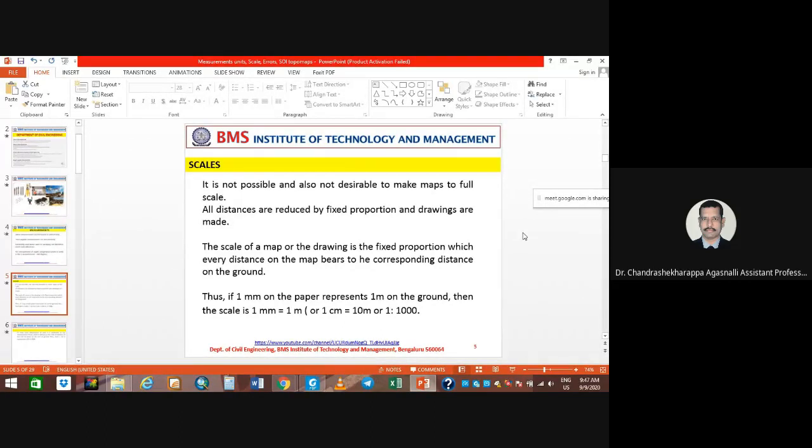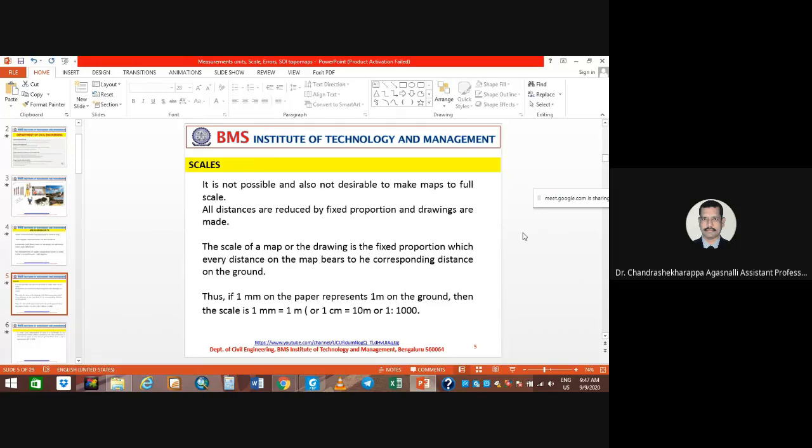So if there is a 1 kilometer by 1 kilometer area, length is 1 kilometer and width is also 1 kilometer, and you have an A3 sheet and need to plot within it, what will you do? What is the width in centimeters?